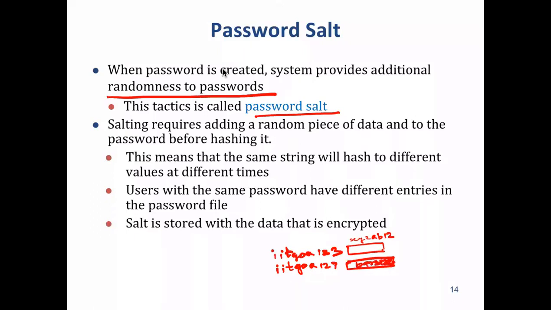Now, when you apply H to this, we call it H of the previous password PP, and then H of the later password. Both will be different. So now this is causing a little complexity or difficulty for the hacker.